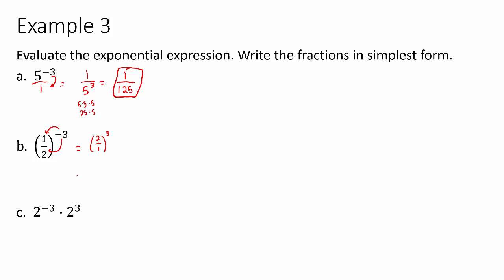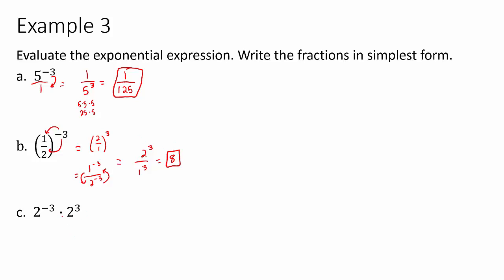Or the other way of doing it is to say 1 to the negative third and 2 to the negative third, and then moving both of these so that they get positive exponents. Either way, on the next step, we will have 2 cubed on top and 1 cubed on bottom. 2 cubed is 8, and 1 cubed is 1. So this simplifies to be 8.